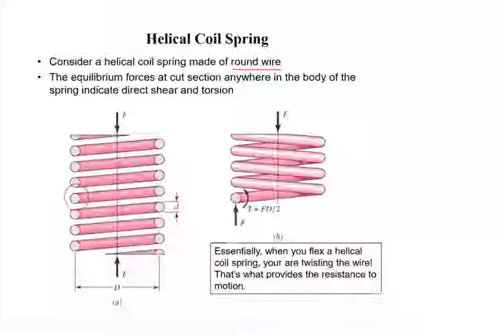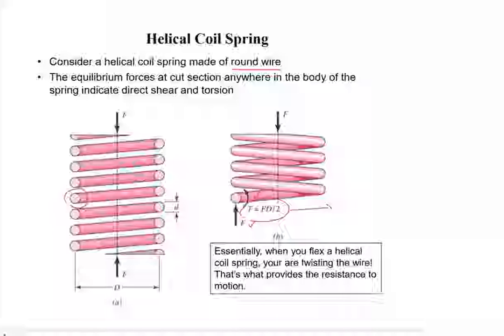The neat thing about this graphic right here is if you take this spring on the left and just cut it anywhere, like let's cut it right here, and do a free body diagram, you see that in order for this thing to be in static equilibrium, we need a shear force and a moment. And it's actually this moment right here that's doing all the spring action.